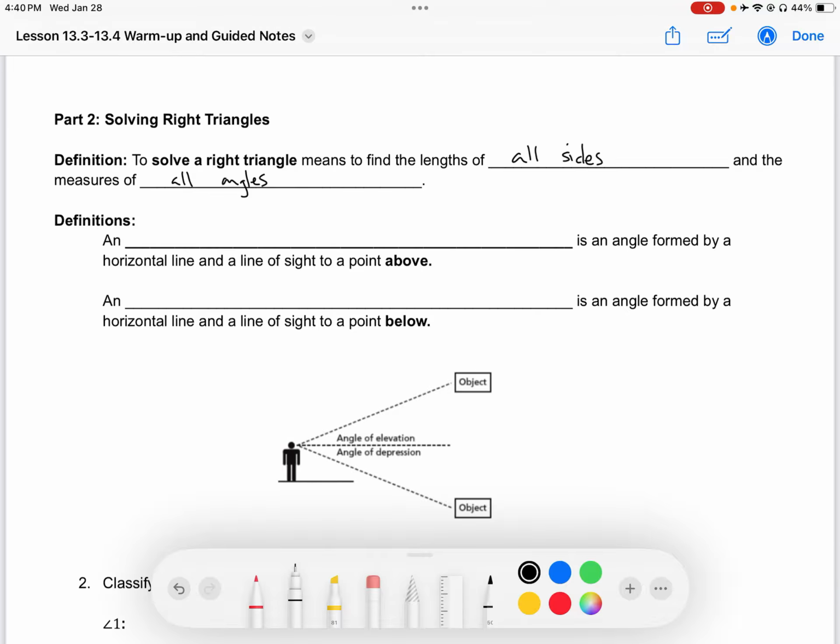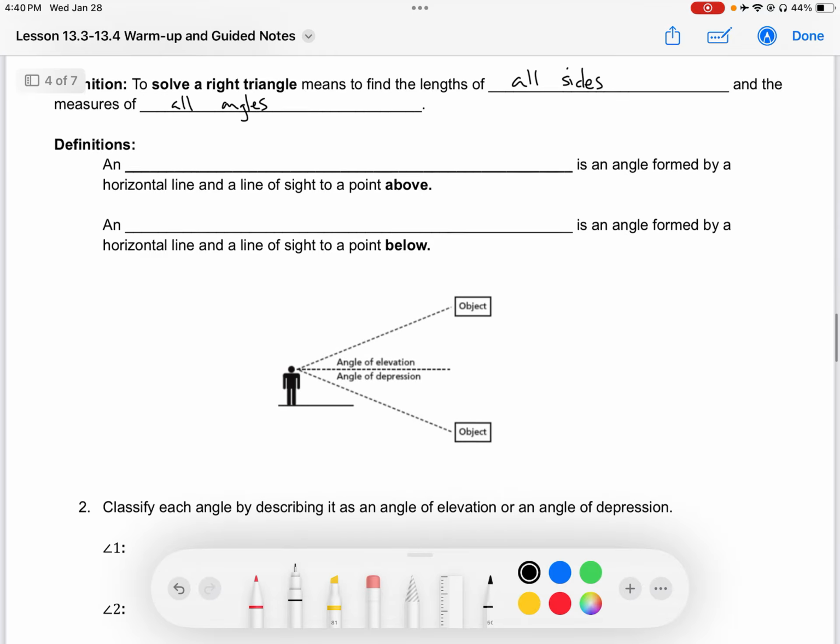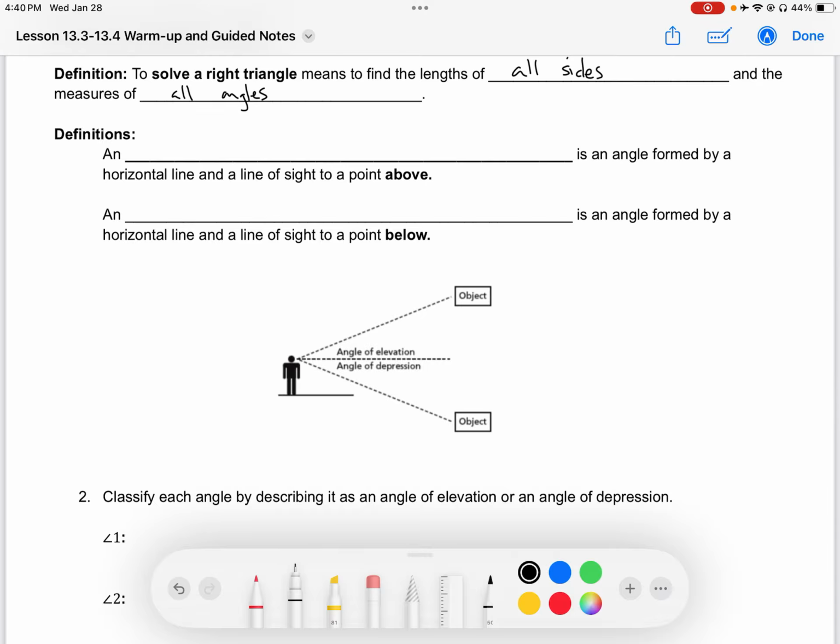So definitions, there's a couple things we need to know in order to solve some practical problems that involve triangles, and that is an angle of elevation and an angle of depression. You can see this diagram to help you understand what an angle of elevation and depression is.